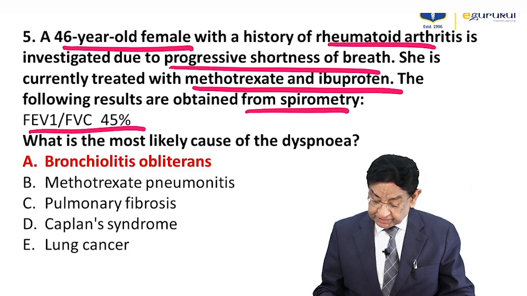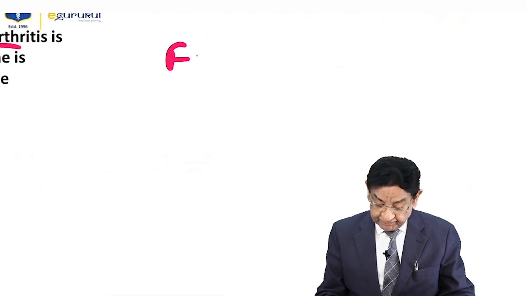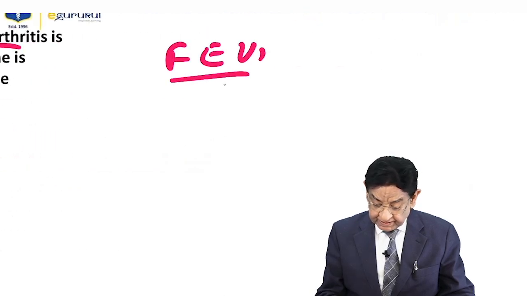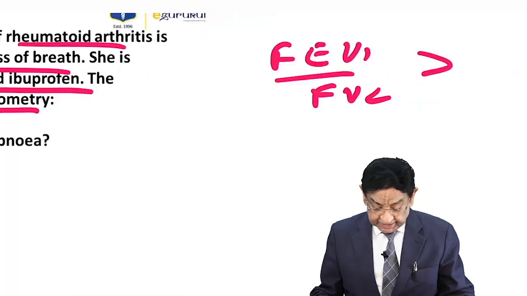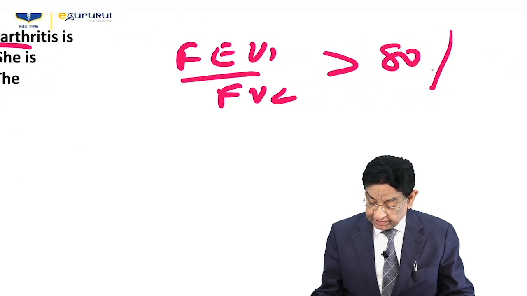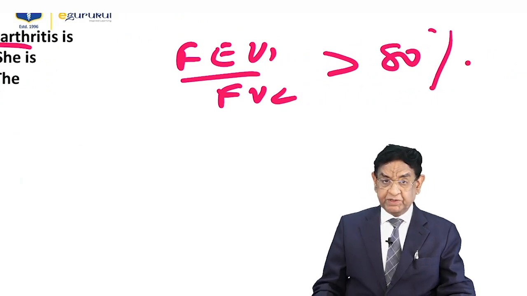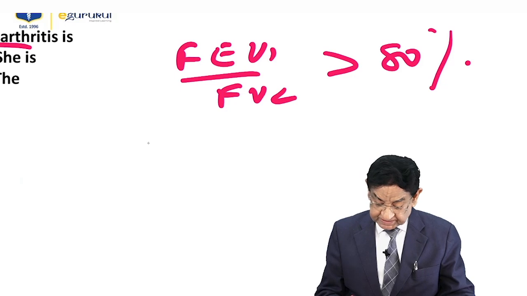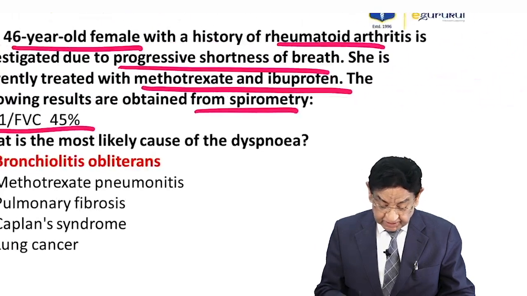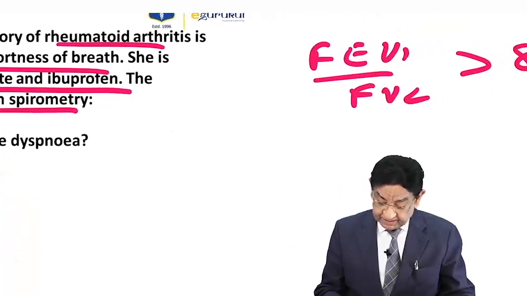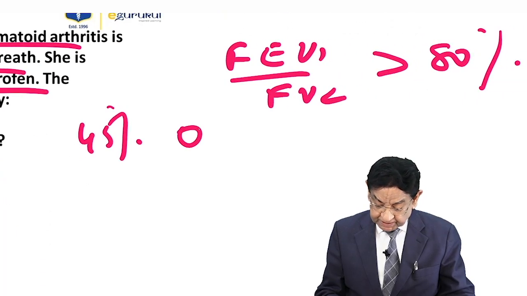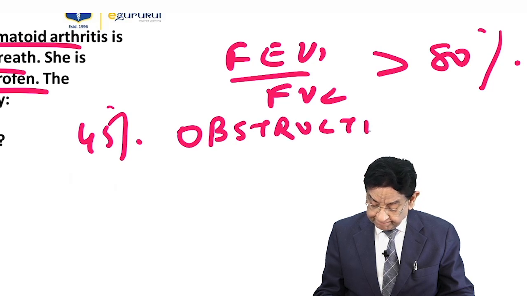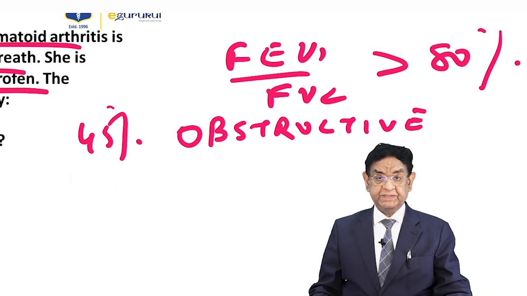What he's talking about is the FEV1/FVC ratio. Normally it is more than 80%. And we all know very well that a reduced FEV1/FVC, like here it is only 45%, indicates obstructive airway disease.